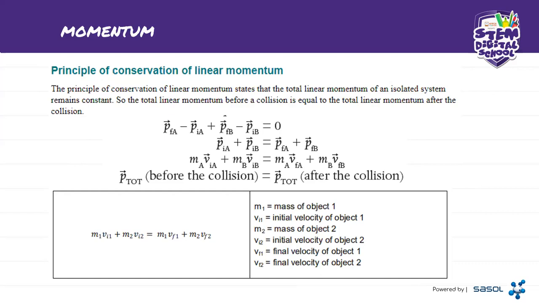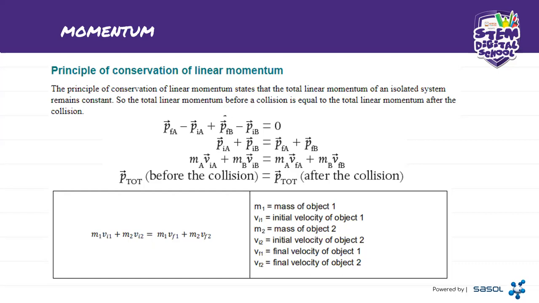It means that the initial momentum is equal to the final momentum. Momentum before is equal to momentum after. That's what it means when it says it remains constant. It means that they are equal.